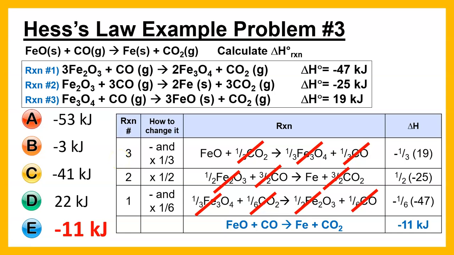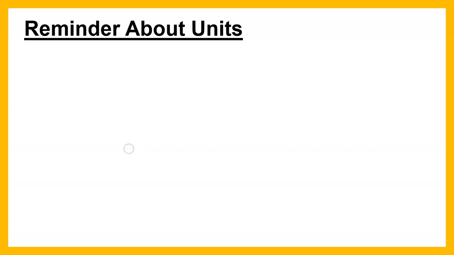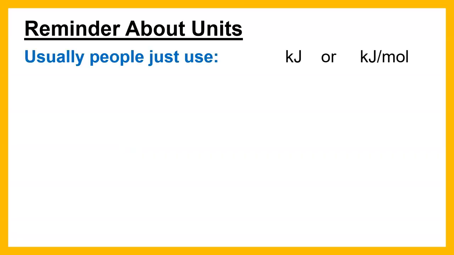Now just one little thing I threw in here at the end, because we're seeing it show up more and more recently on the AP exam, and the way that College Board is starting to format some of their units. Now, usually you will see on formation values, enthalpy values, kilojoules or maybe kilojoules per mole.